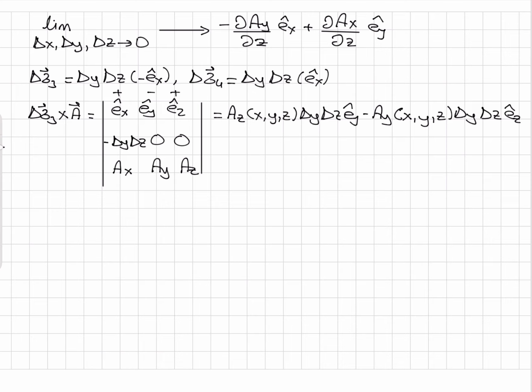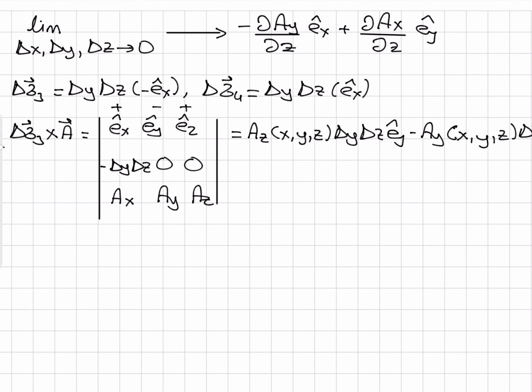Okay, that's delta sigma 3 cross A. And quickly we can write down delta sigma 4 cross A, with the difference being we have to change the sign, and it's not at x, it's at x plus delta x.